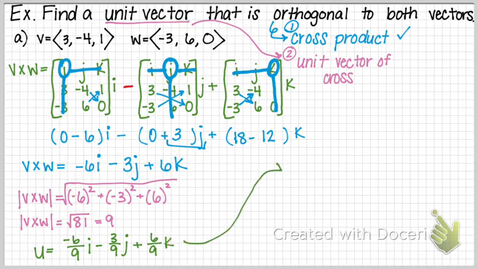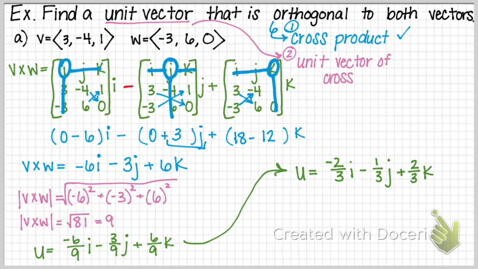I would love it if you would simplify that. So -6 over 9 is -2/3 i, minus 3 over 9 is 1/3 j, plus 6 over 9 is 2/3 k.